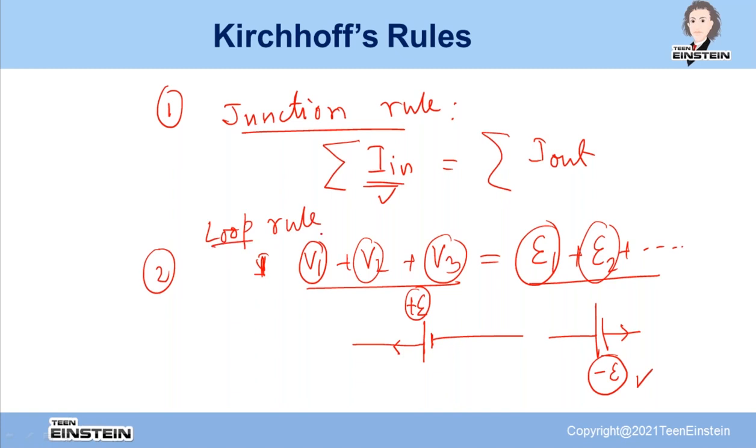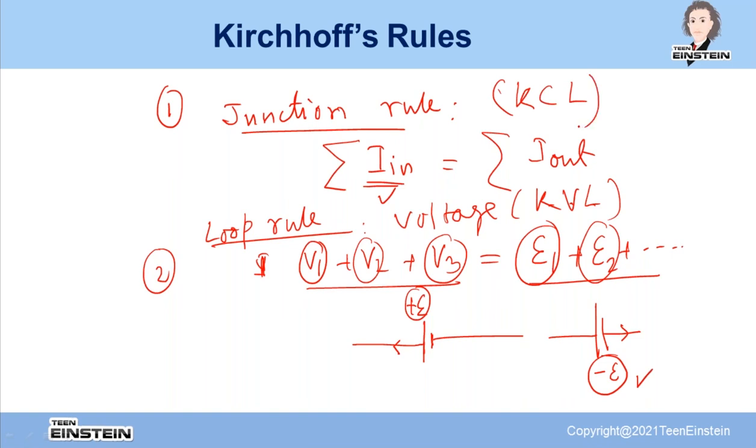So Kirchhoff's laws, KVL and KCL, both have to be applied to solve numerical problems. In the board exam, or whatever competitive exam you take, you will get at least one problem from Kirchhoff's law. So we'll take a few examples.